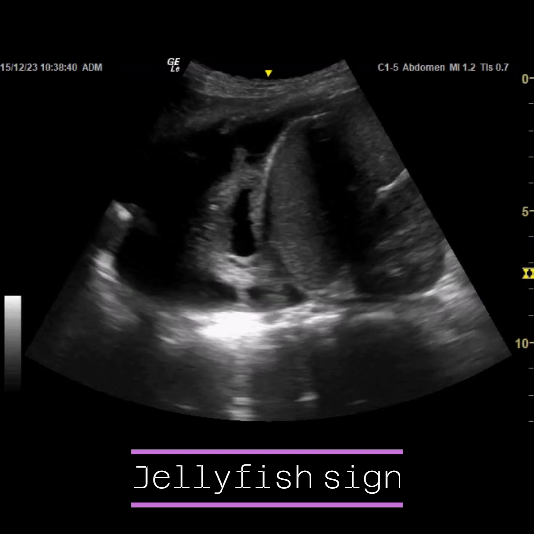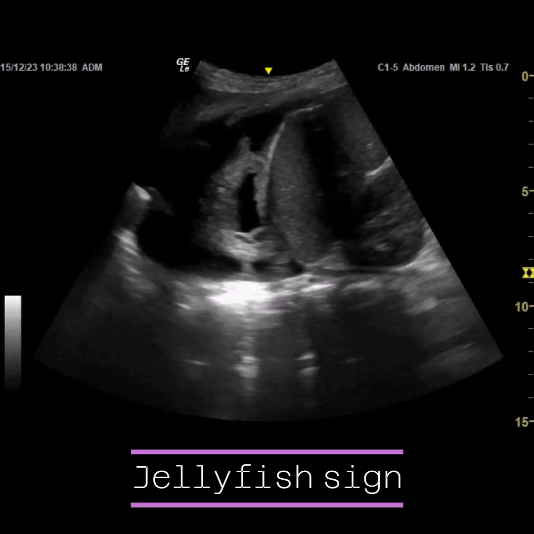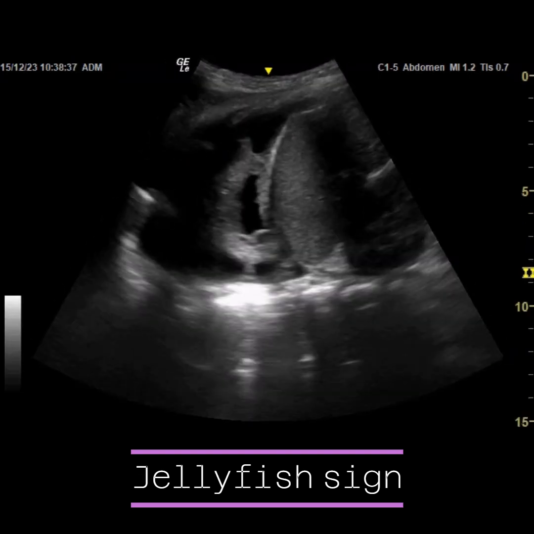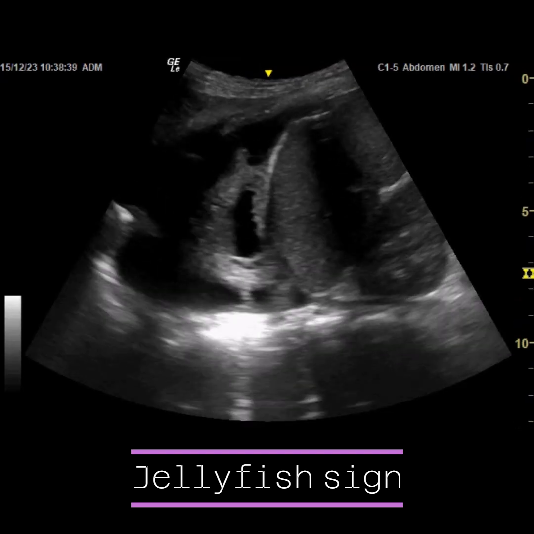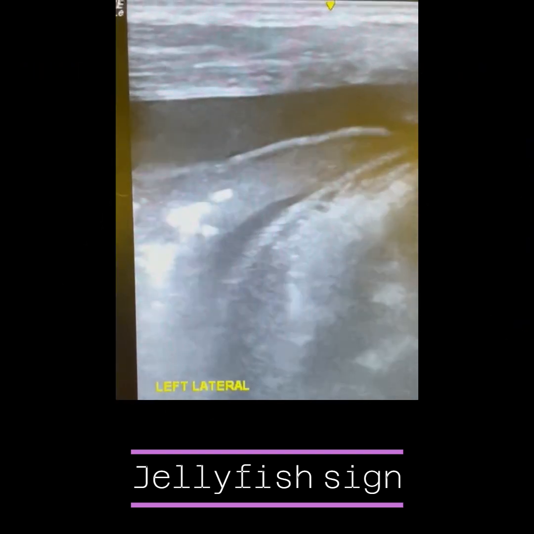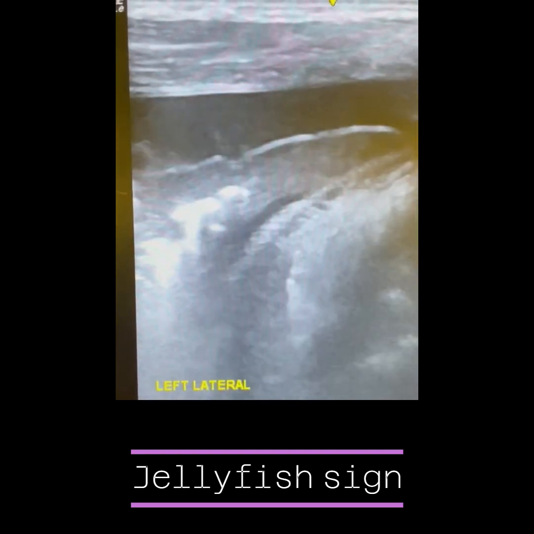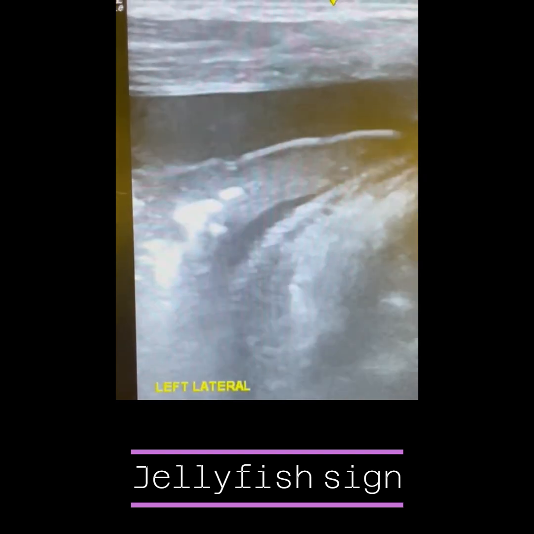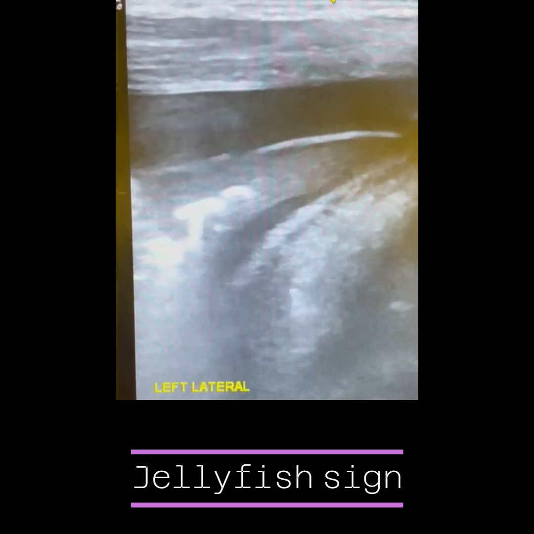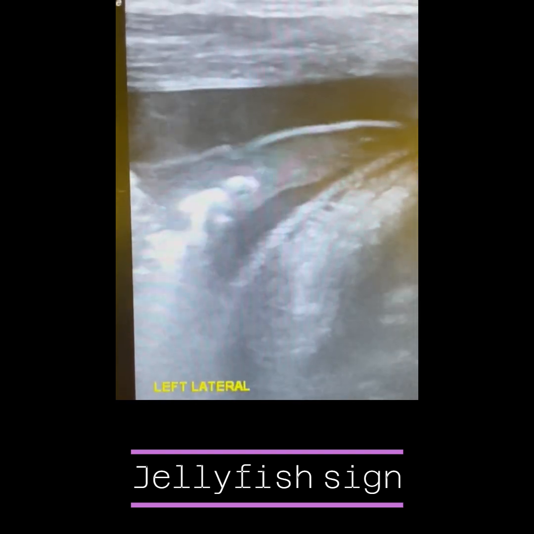Typically, this is because it would look like a jellyfish's, well, whichever anatomy the jellyfish has. I actually had to pause the audio of the video to understand what a jellyfish was made up of, but it looks like some sort of sea creature. I've heard these appearances look like mermaids' tails, dolphin fins, anything like that.